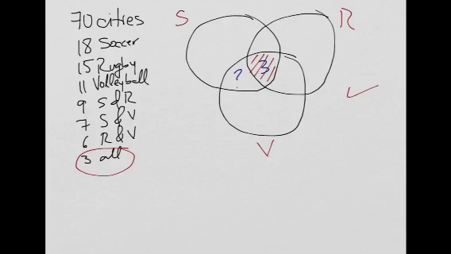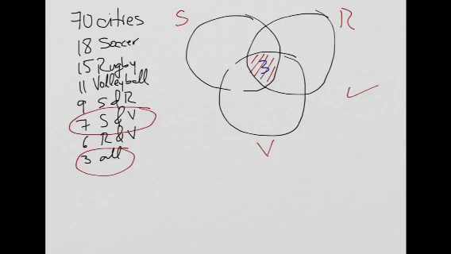What does that piece mean? Well, first of all, it has soccer and volleyball, right? That region has soccer and volleyball, but it doesn't have rugby, right? So we're looking at this set, which has soccer and volleyball, but we don't want those 3 that also have rugby, right?